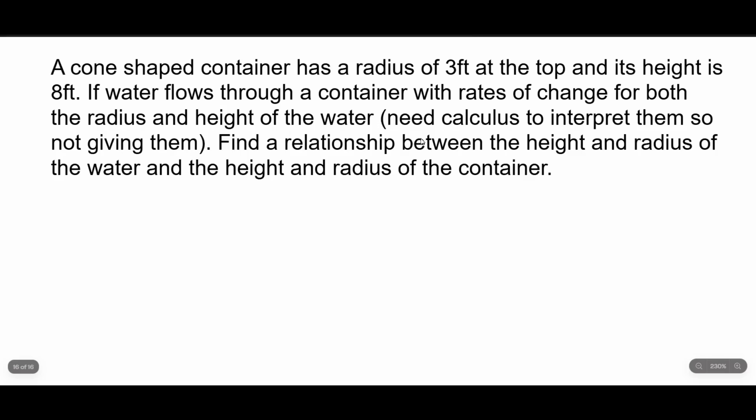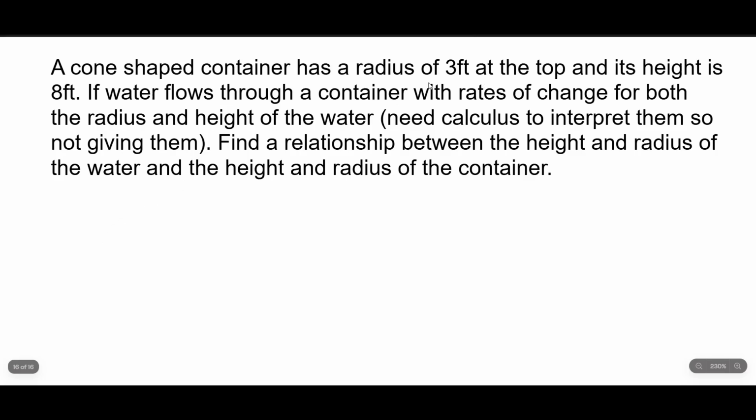Find a relationship between the height and radius of the water and the height and radius of the container. So let's draw a picture. A picture is not given to us. Often for optimization you're more likely to get a picture, but in related rates you're not usually given one at all.